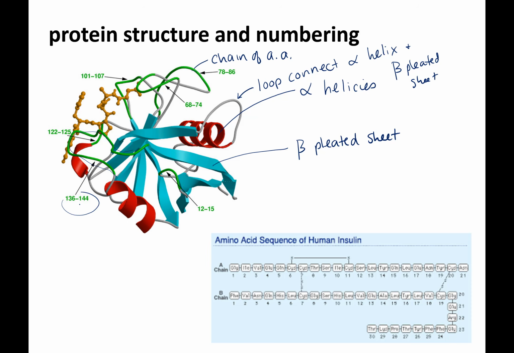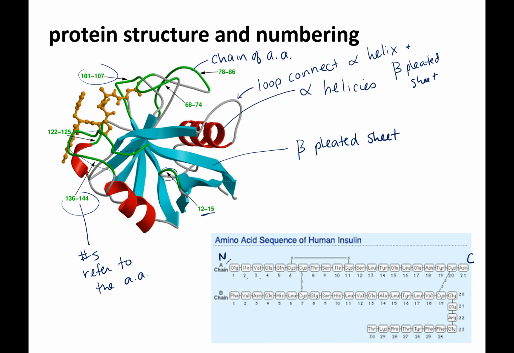All these numbers refer to the amino acids. So we start at the N terminus of a protein and number the amino acids 1, 2, 3, 4, 5, 6, 7, 8, all the way to the C terminus. This is showing you amino acids 12, 13, 14, 15, so they're very near the N terminus.